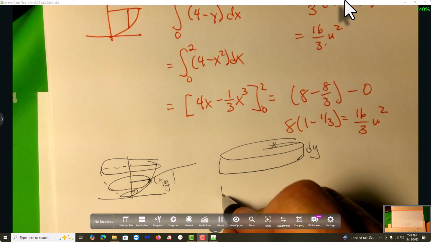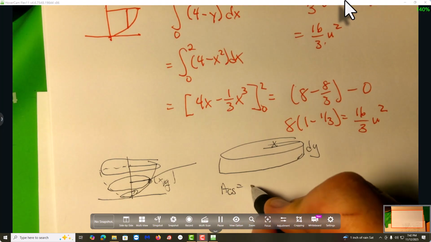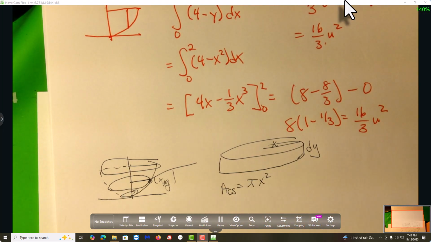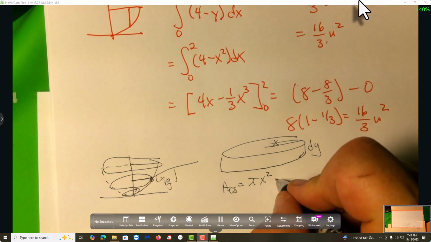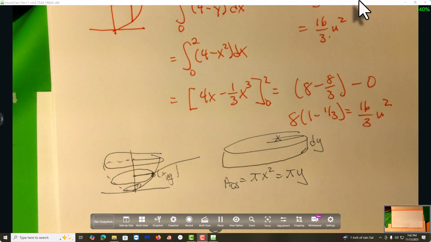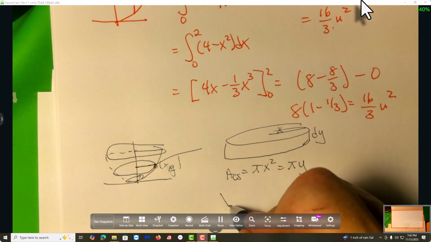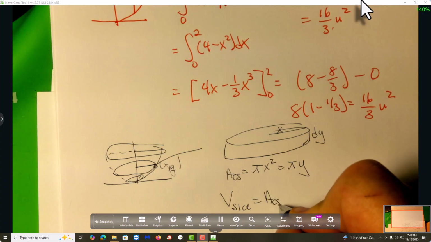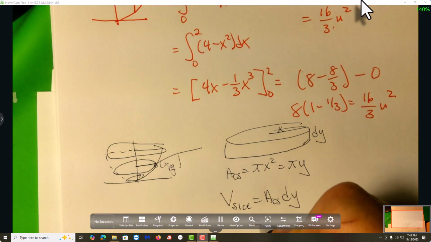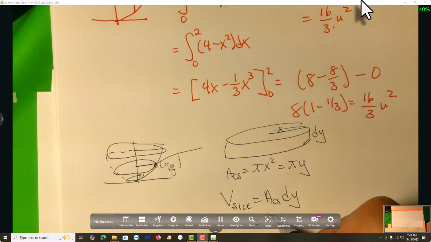So the area of this cross-section is pi x squared, because that's the radius. But isn't y equal to x squared? So this is pi y. So the volume of this slice is the area of this cross-section times dy, which is pi y dy.